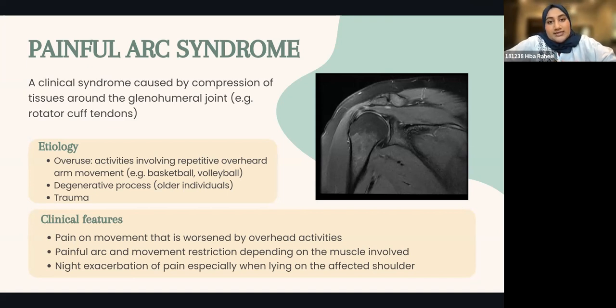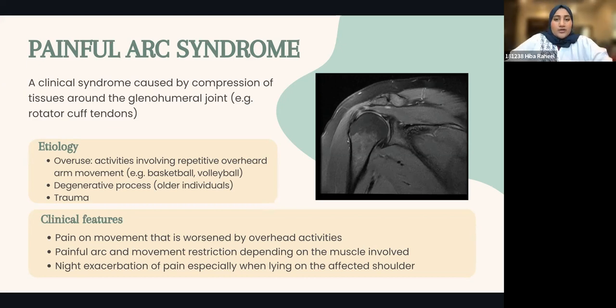So every time in the exam you don't know an answer to these kinds of questions, like what is the most common cause of any bony injury or soft tissue injury, always consider overuse or degenerative process like old age, or trauma. Always have them at the back of your mind, because this will get you the mark.